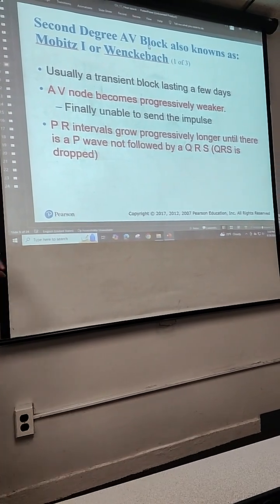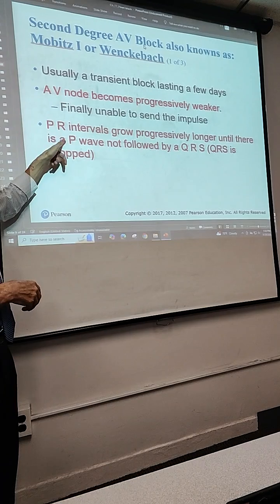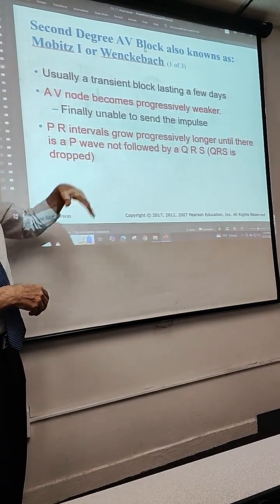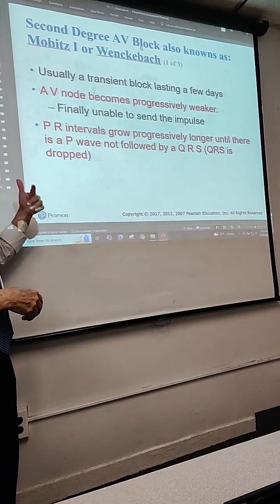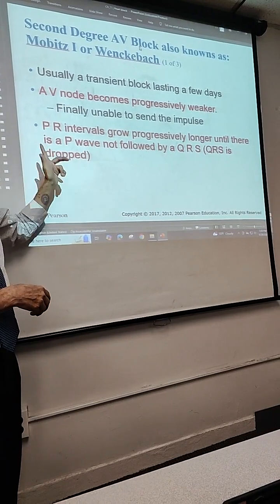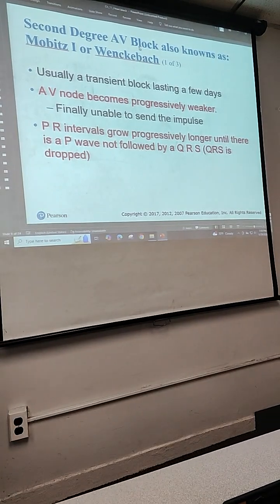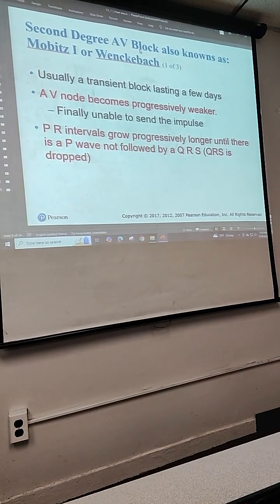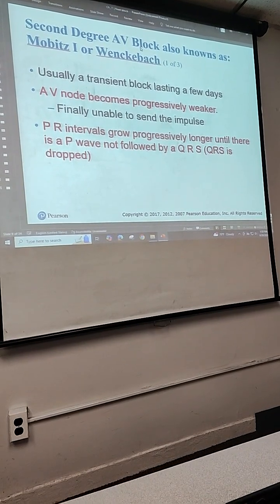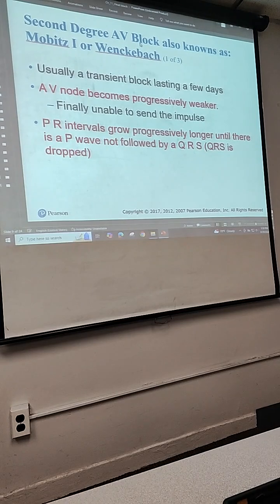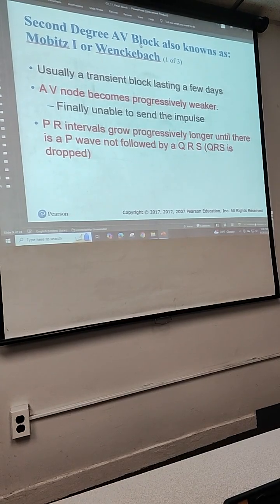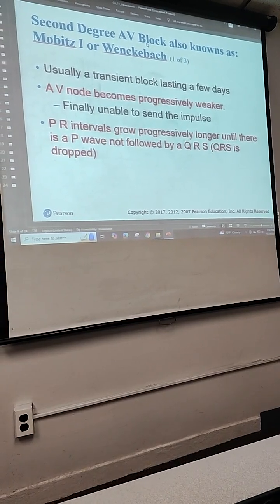If you look here at the bottom part, it says PR intervals grow progressively longer until there is a P not followed by a QRS. So you see the P, and then suddenly everything else disappears. And then continues again.